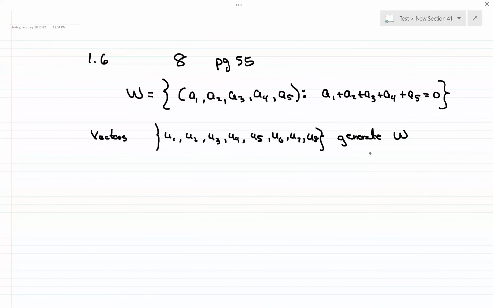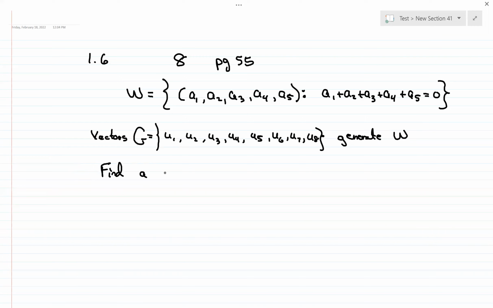So that's the question. Let's call this set something. Maybe we'll call it G, since they generate everything in W. And what do they ask for?